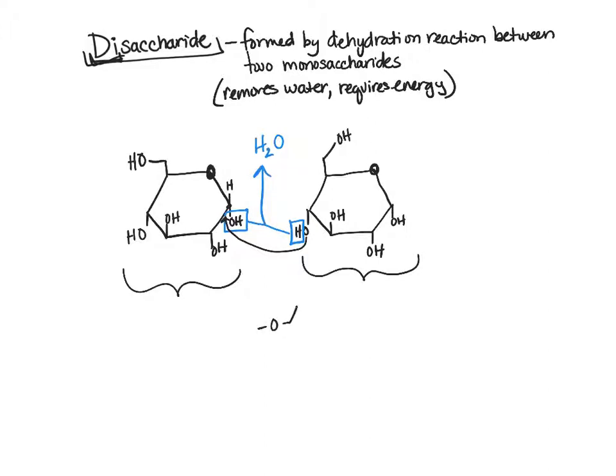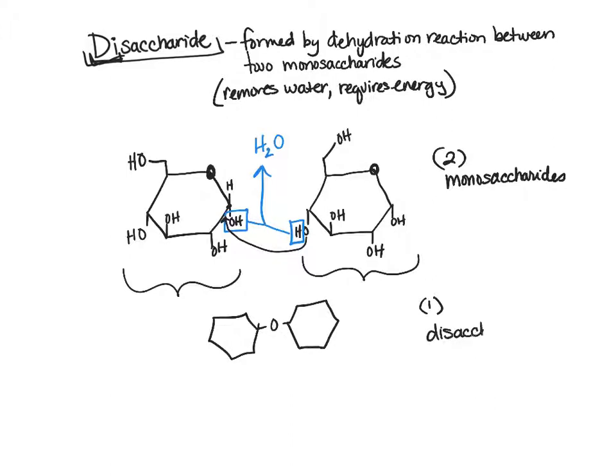And I'll just kind of draw this to indicate this molecule and to indicate this molecule, so you don't have to sit there and wait for me to draw all those things again. So then these are our two monosaccharides. And then we get our one disaccharide.